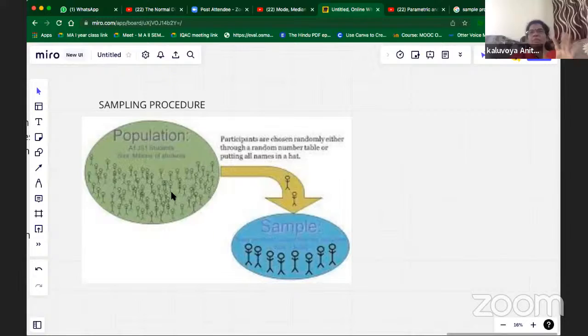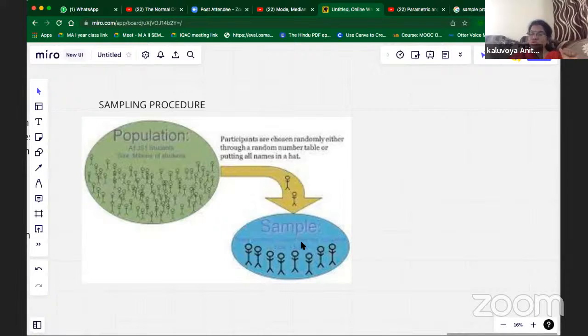Will you be able to study all of them? Do you have the time? Can you travel so much? No. So you pick up a few people, some 10 or 50 people, out of this big number.